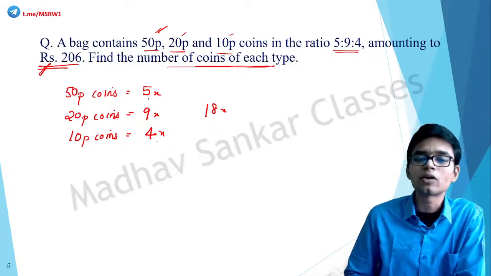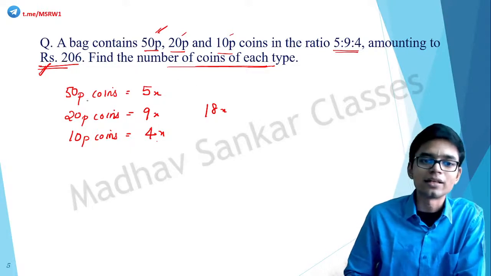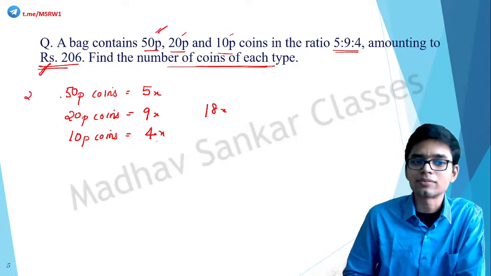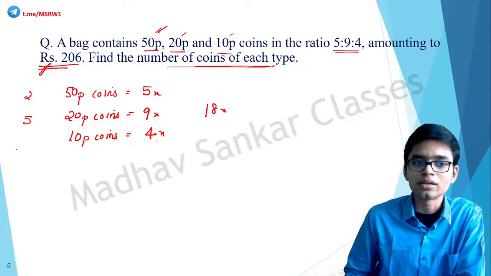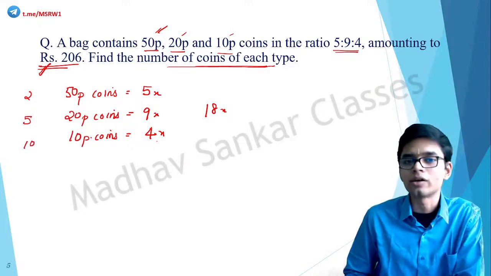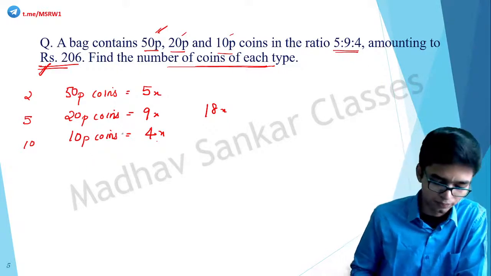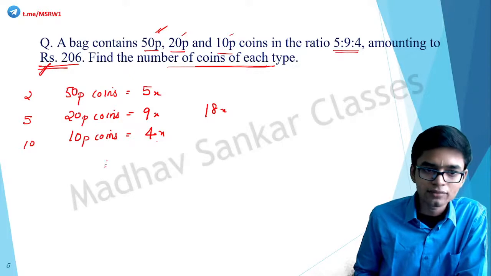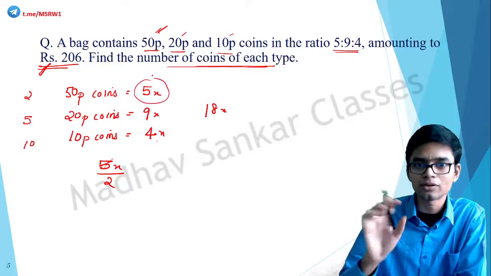How many 50 paise coins make 1 rupees? 2. Correct? Similarly, so 2 50 paise coin make 1 rupee. 5 20 paise coin makes 1 rupee. 10 paise coin make 1 rupee. Correct? So 5x by 2. 5x is the total number part of 50 paise coins.